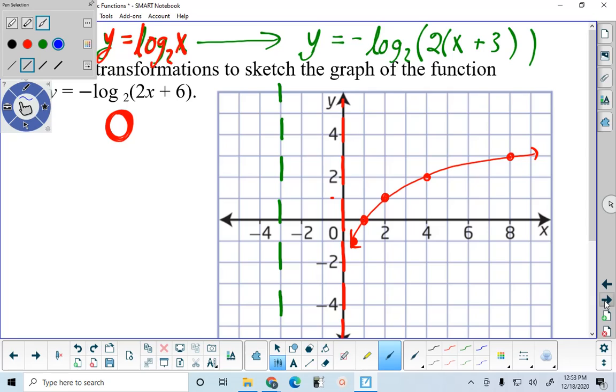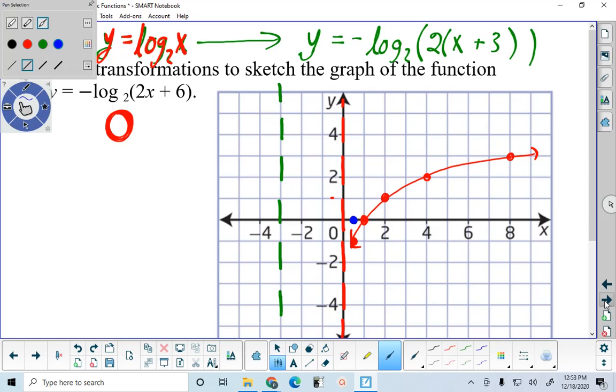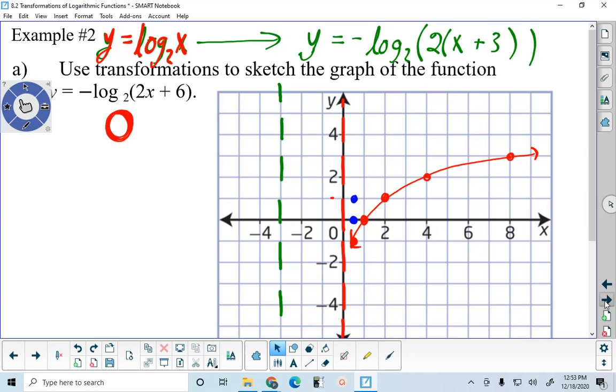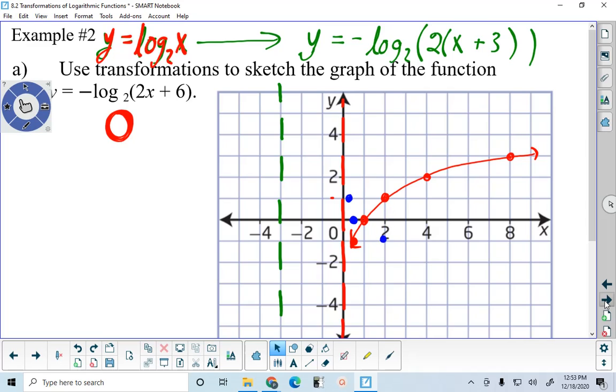When I take this point and I reflect it vertically, it doesn't move, but then I stretch it horizontally by a factor of 1/2 and it goes there. If I take this point and reflect it vertically, it goes here, and then I stretch it horizontally by 1/2 and it's going to be here. This point, reflect it vertically, stretch it horizontally by 1/2, it's going to be here.